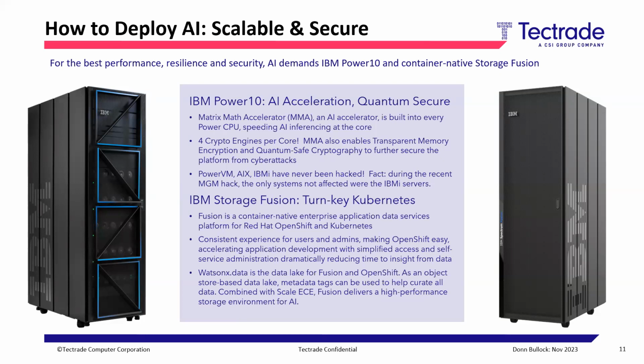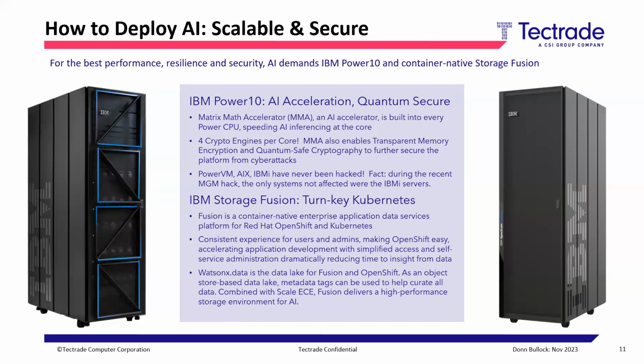Those are the applications that can be found in IBM Power. But what IBM is doing inside of their microprocessor is what's unique to AI, and what makes Power10 the best architecture for AI in the industry, bar none. Number one, IBM has built AI accelerators into the actual microprocessor, which gives us the ability to do things like inferencing inside of the processor that you just can't do in other systems.